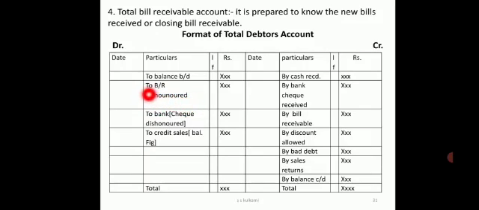So when we don't receive the amount on the said date or on maturity of the bill, then such bill is treated as bills dishonored. Similarly, I have bank. To bank means whenever cheques are received from the debtors, we will be already crediting them in our books of account, whether it is bills receivable or it is the bank.